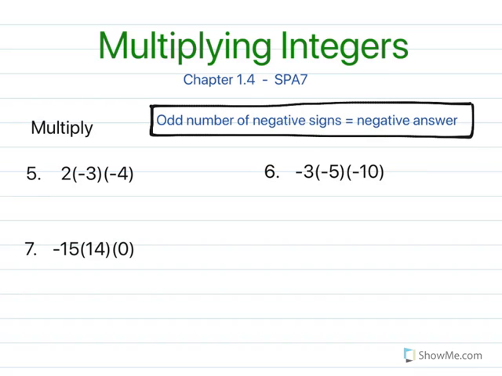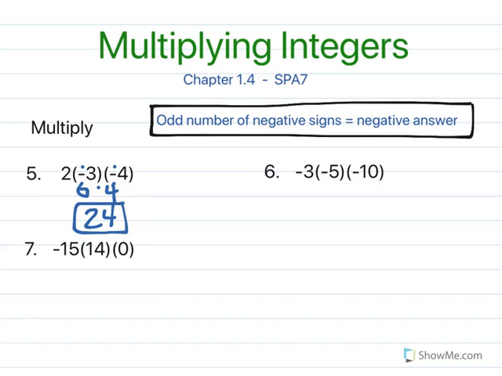Again, I'm going to ignore the negative signs to begin with. So 2 times 3 is 6, and 6 times 4 is 24. And then I see I have 2 negative signs, and that's even. Therefore, it stays the same, and the answer is 24.